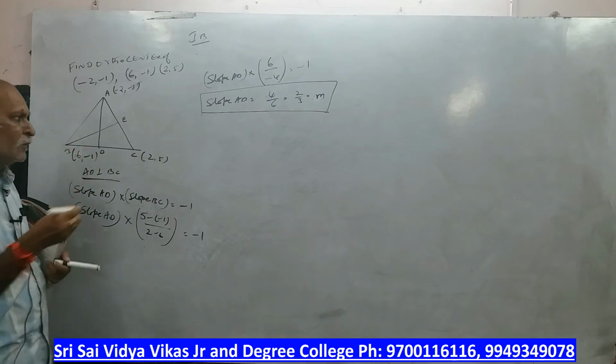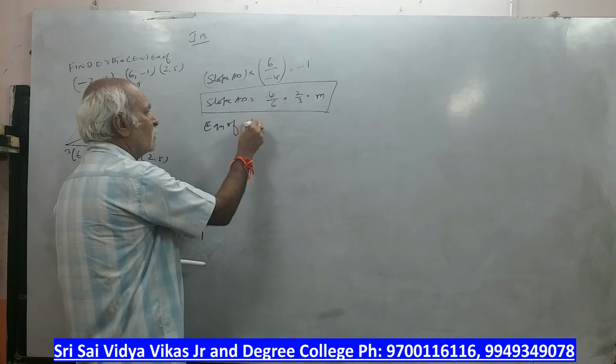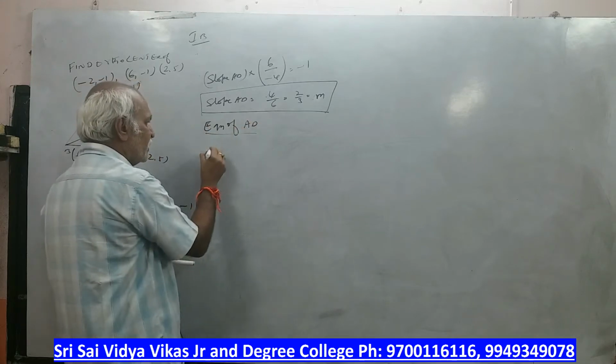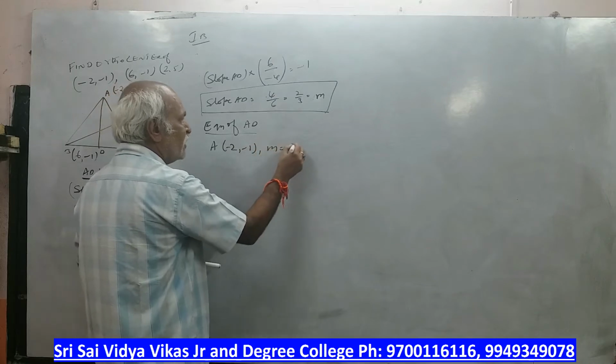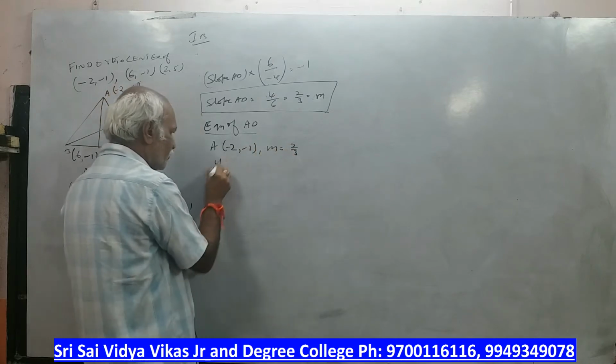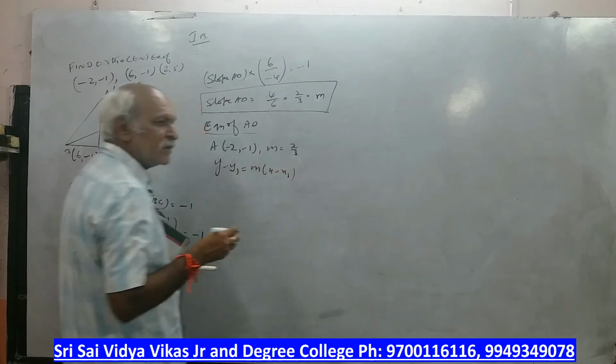So we got the slope. Now the equation of AD. A point is (-2, -1). The M value we got is 2 by 3. Use the formula y minus y1 is equal to M into (x minus x1).